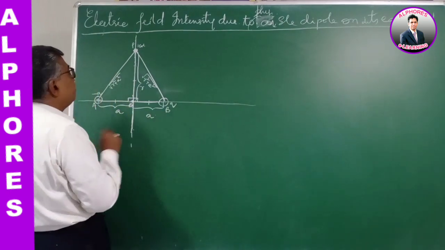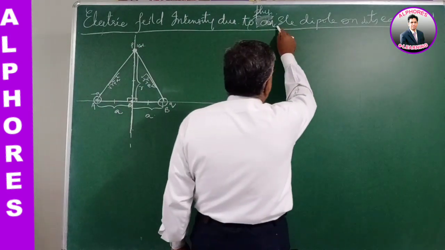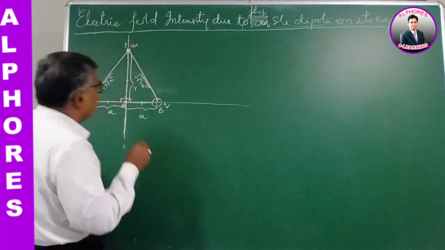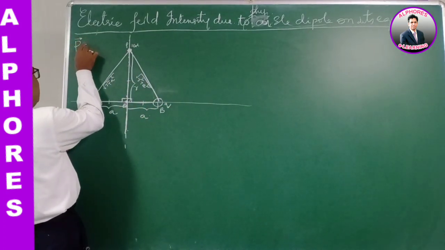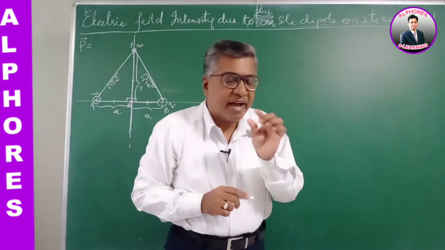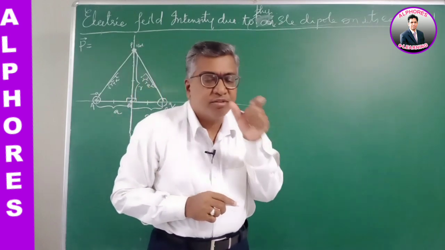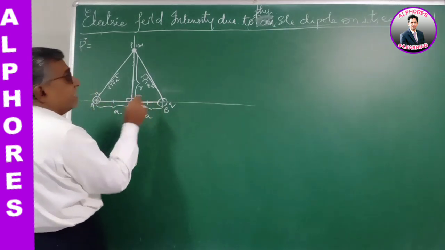Next, while studying the electric dipole, we defined its characteristic property, the dipole moment, P bar. P bar is the product of either of the charges and the length of the dipole, the distance between the charges.